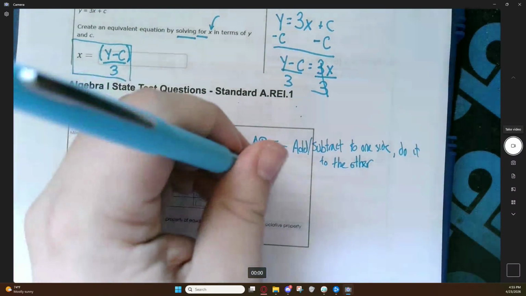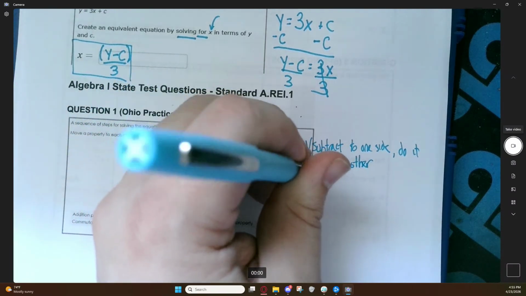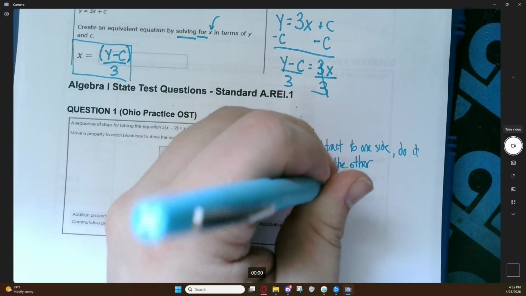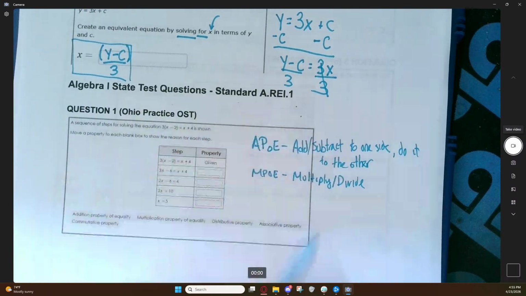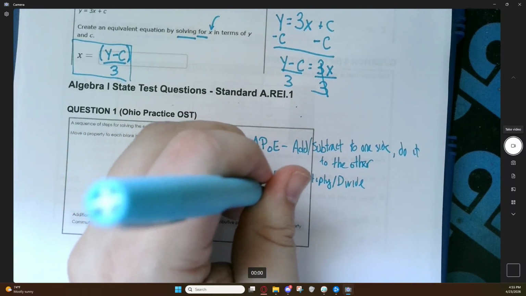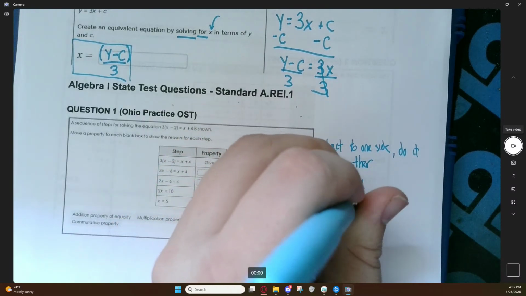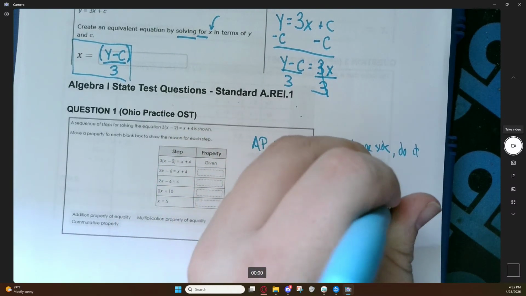The multiplication property of equality is the same idea, except that's multiply or divide. If you multiply or divide one side, you must do it to the other side. The distributive property, at this point we should all know what the distributive property is. Usually you use a parentheses, multiply into parentheses.